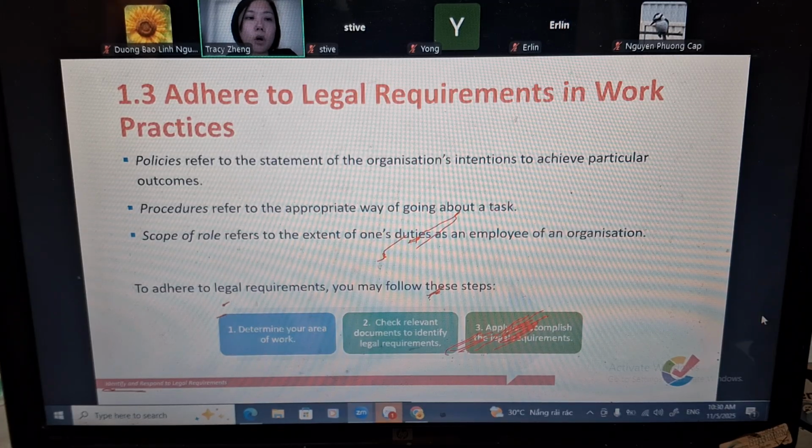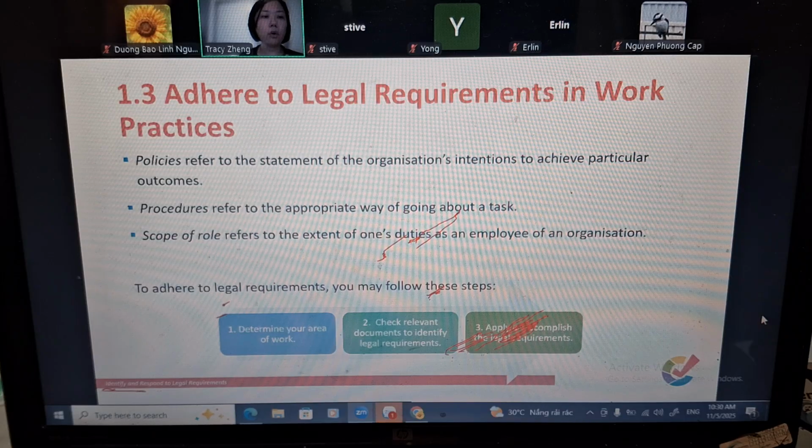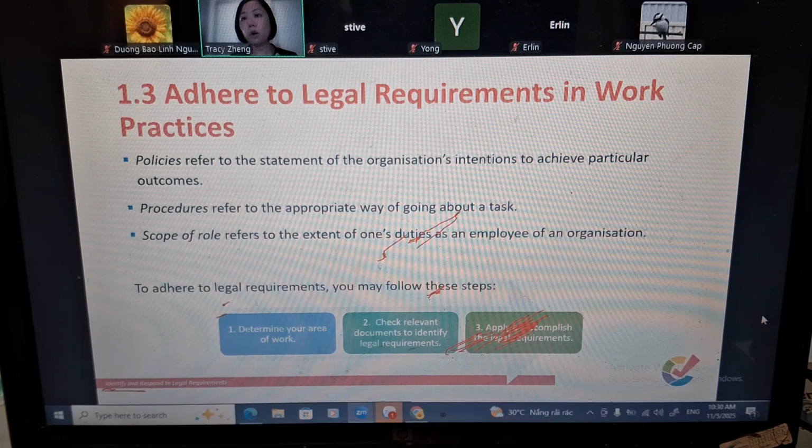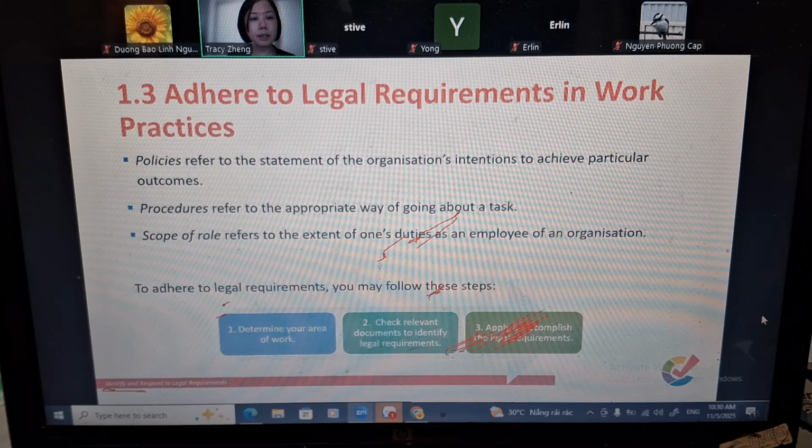And also the scope of role tells you what your duty is as an employee of the organization. So clearly you do need to understand your role. So for following these legal requirements, you must follow the steps listed at the bottom of this slide.